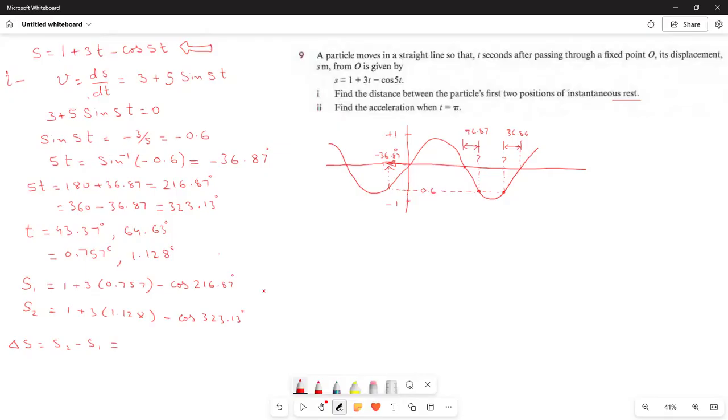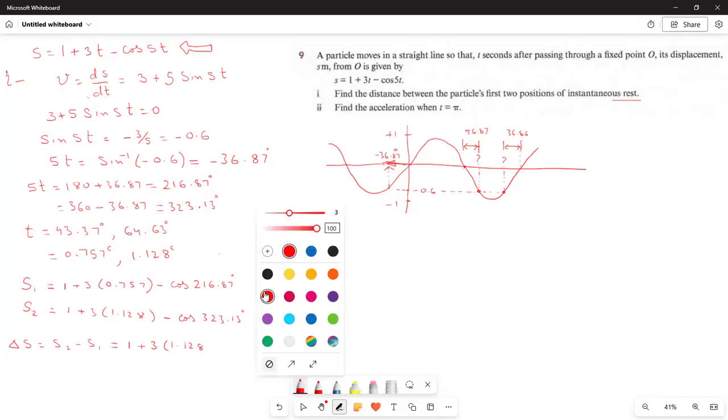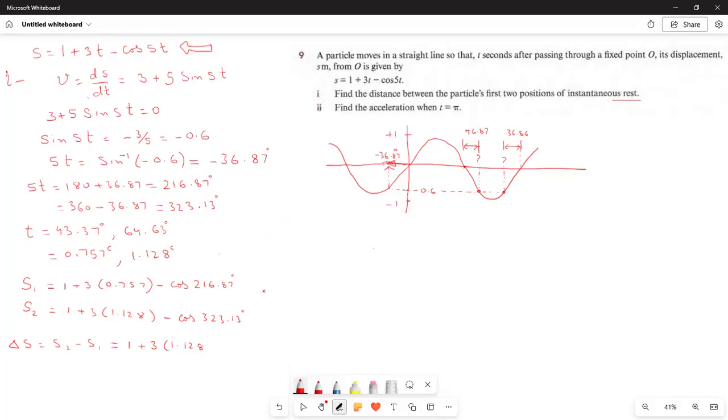So the answer, let me write it properly. So 1 plus 3 times 1.128, and minus 0.8. Remember, I told you that this value is 0.8. Similarly, this value is also 0.8.